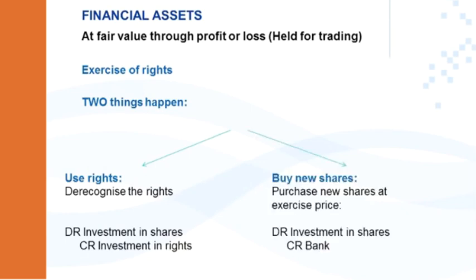Secondly, you buy new shares, so you will purchase new shares at the exercise price determined in the rights agreement. In this instance, you will debit the investment in shares account as you are purchasing new shares, and your credit will be against the bank account. So both the amount of the rights used and the value of the new shares purchased will end up in the investment in shares account.